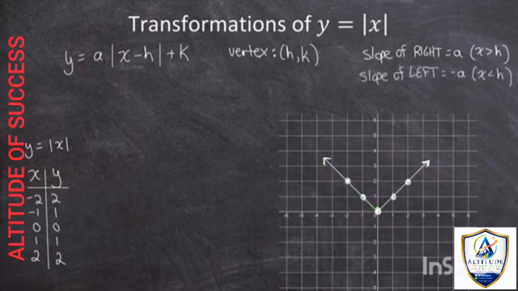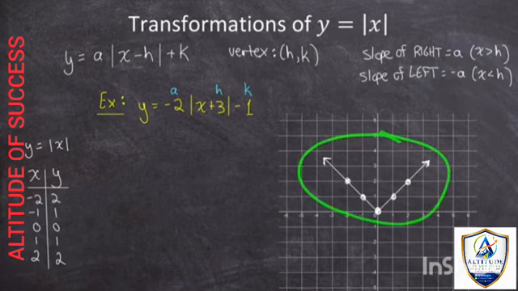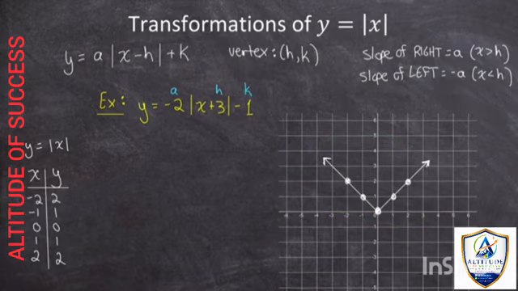So now let's do an example where we look at a transformed absolute value function. Notice there are a, h, and k parameters transforming this absolute value x function, meaning it's going to look like a shifted or stretched or reflected version of the absolute value of x. Let's start by figuring out where the vertex of this function is going to be by looking at its h and k values.